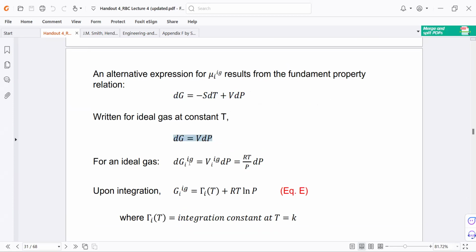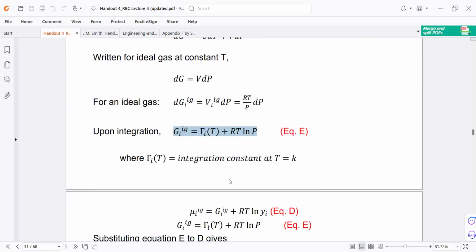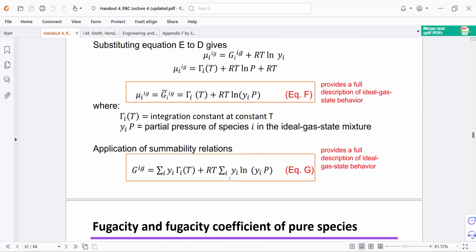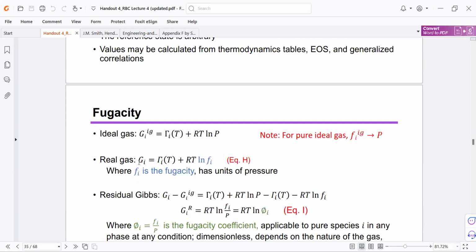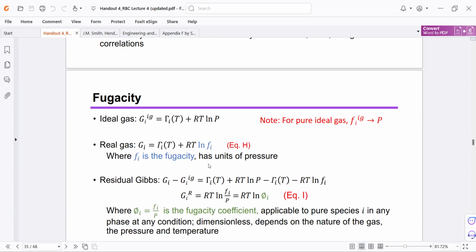And then for an ideal gas, the equation is simply RT over P dP. And then integrating, we get this equation. I hope that you remember that. And we introduce fugacity. We said that for a real gas, we can represent the pressure as the fugacity, f sub i. So we use that equation.